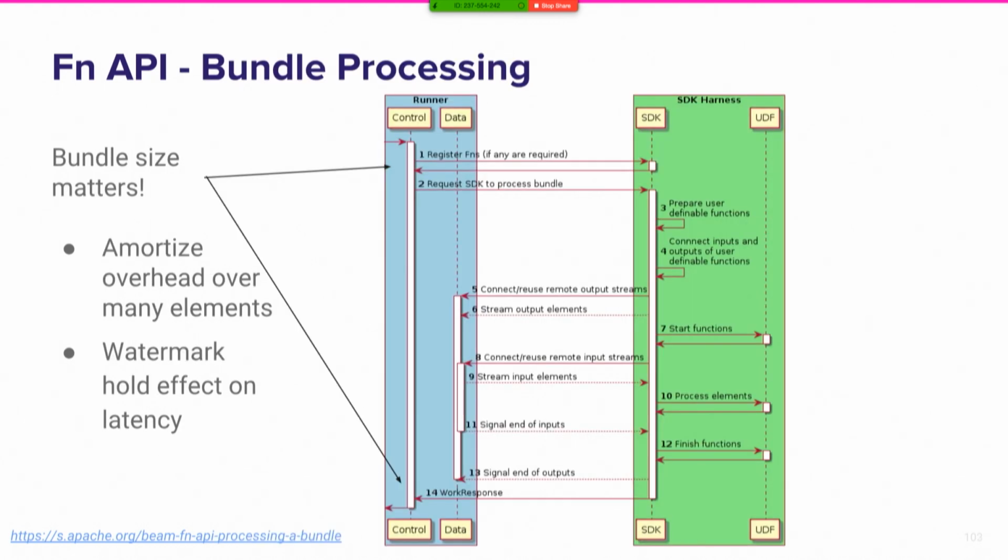We don't need to go into all of the details, but here's one example for the FN API, the bundle processing, which is the most important part of the execution. So the Python functions are registered with the worker. That's a little more expensive operation because they need to be deserialized and ready when the bundle processing starts.